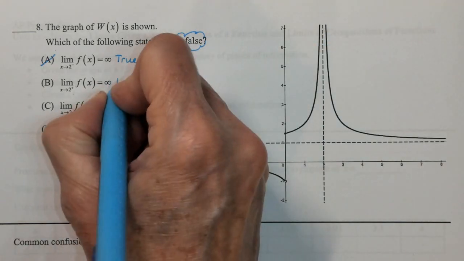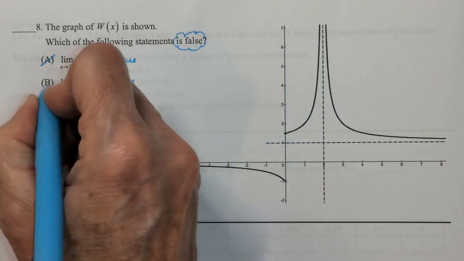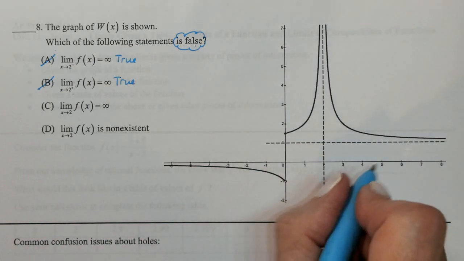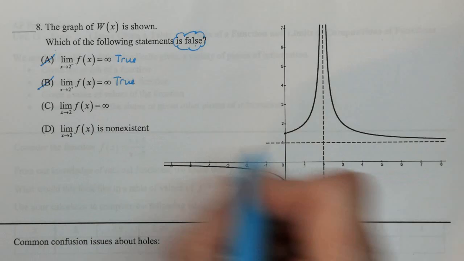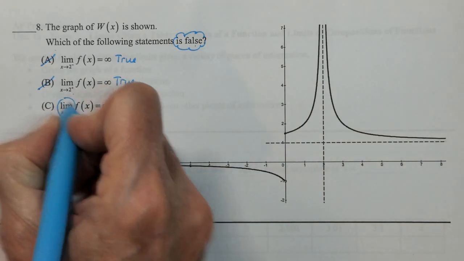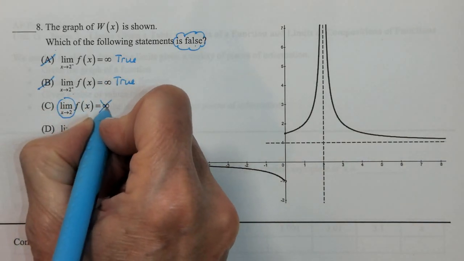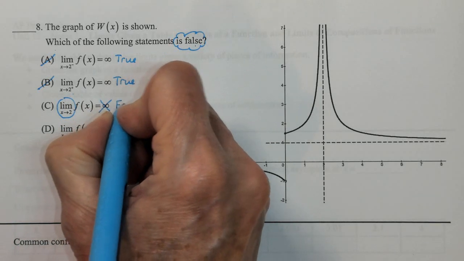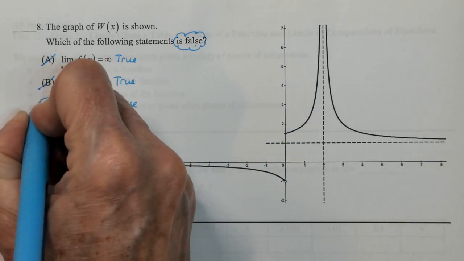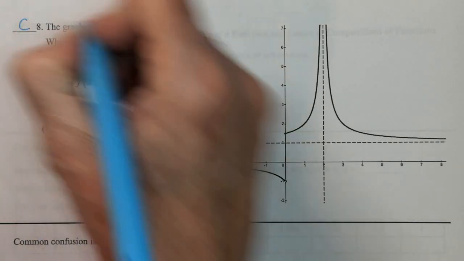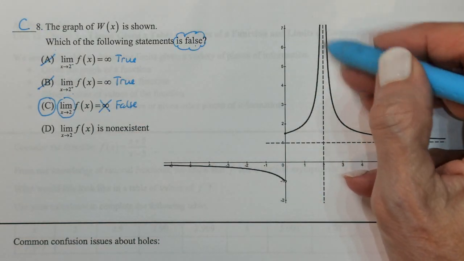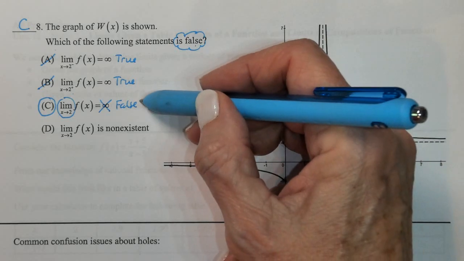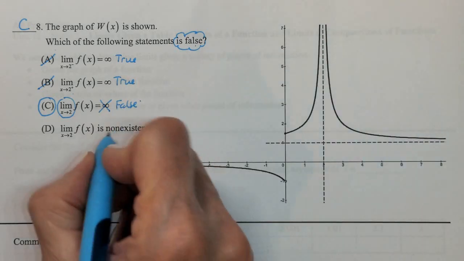That is true. We wanted false, so I'm not going to call that my answer. The limit as x approaches 2 is infinity. An overall limit can never be infinity. That is false. So that is my answer. So even though both sides are going to infinity, the overall limit is only non-existent.